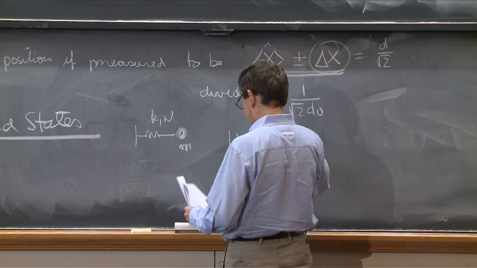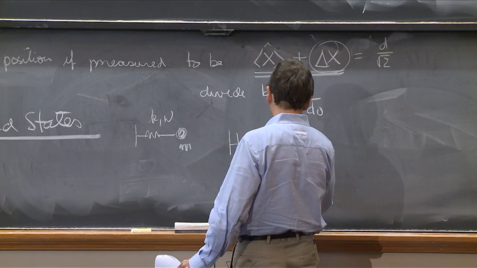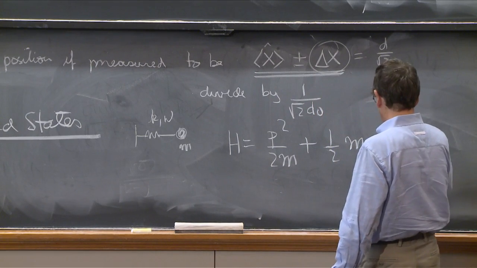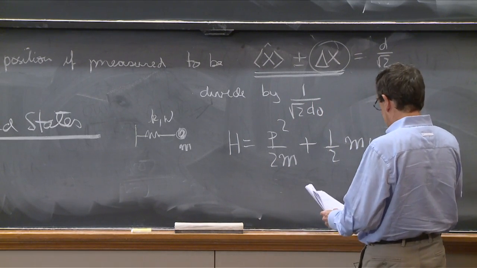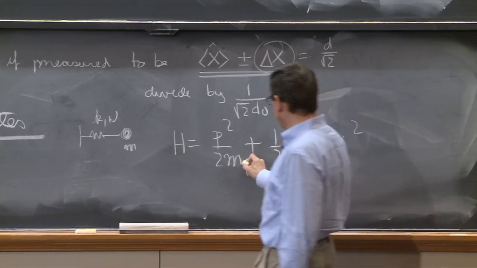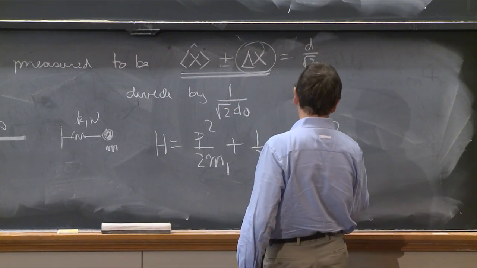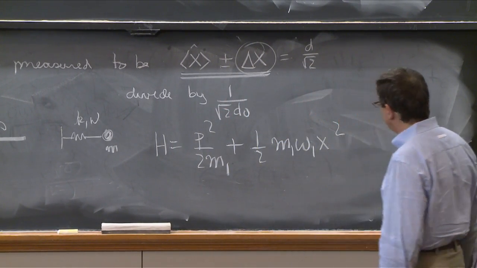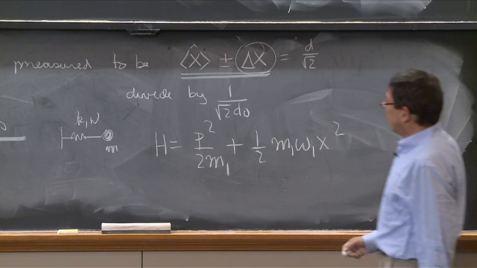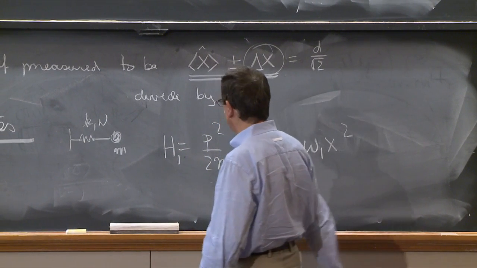H is equal to p squared over 2m plus 1/2 m omega squared x squared. But this Hamiltonian is going to be the Hamiltonian of a particle that has mass m1, and the oscillator has frequency omega 1, and that's what we're going to call the first Hamiltonian.